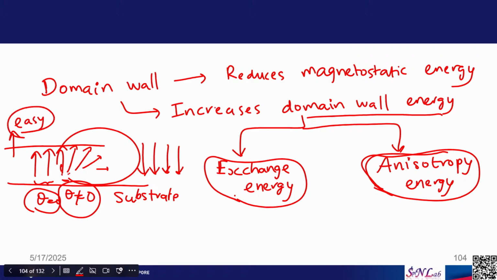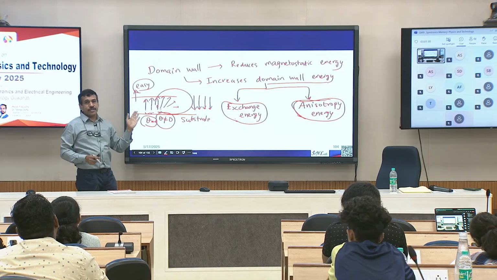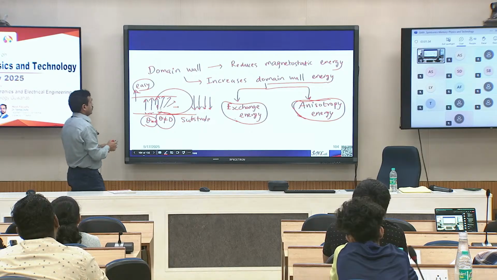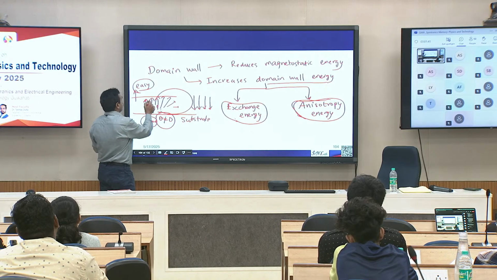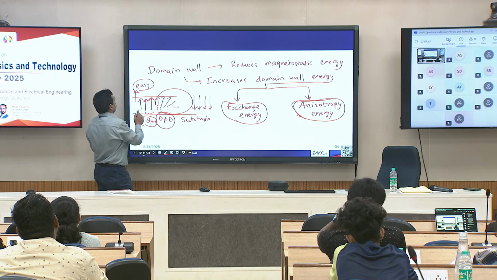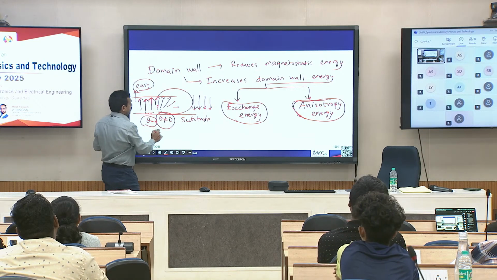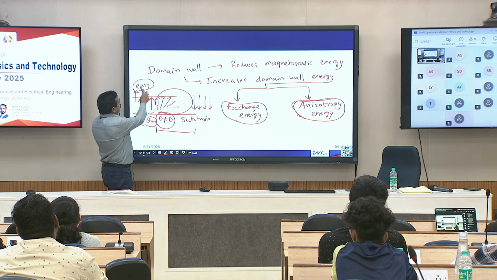We know that the energy is minimum when the spins are pointing in the easy direction. If the spins are pointing away from the easy direction, then there is going to be some energy. So, you look at all these spins. These are in the easy direction, so there is no energy contribution from these spins, but all the spins in the domain wall region are not in the easy direction.